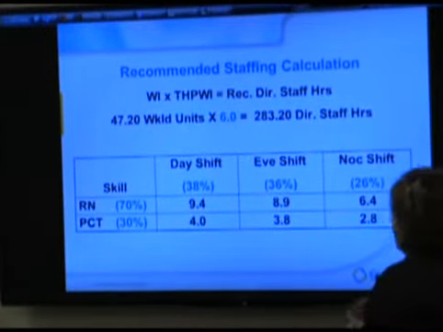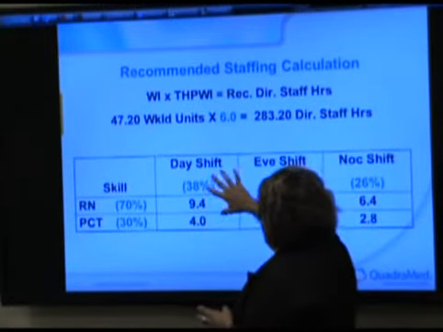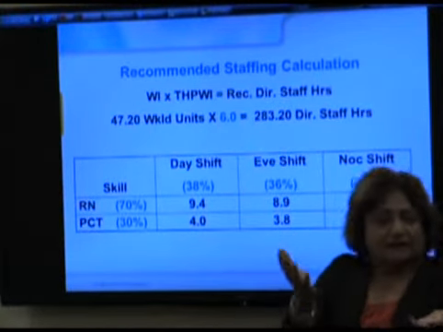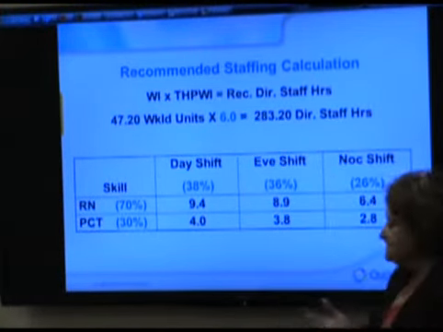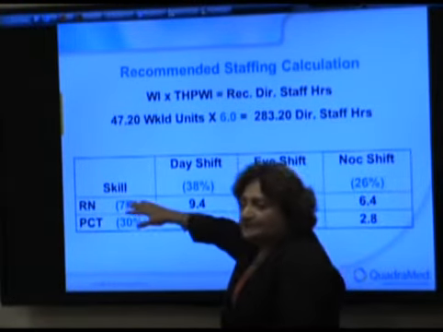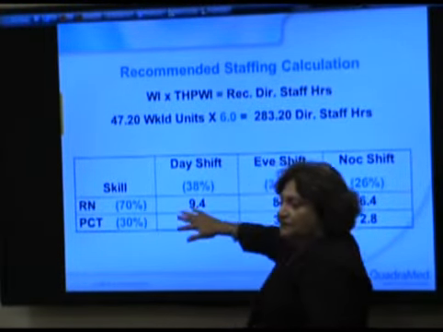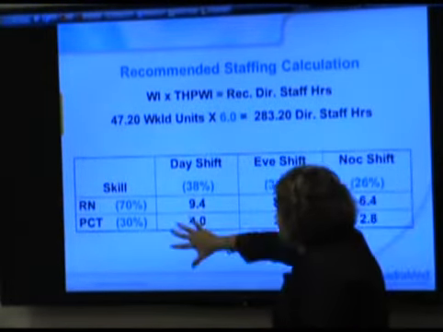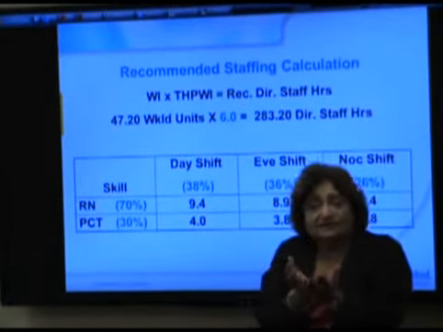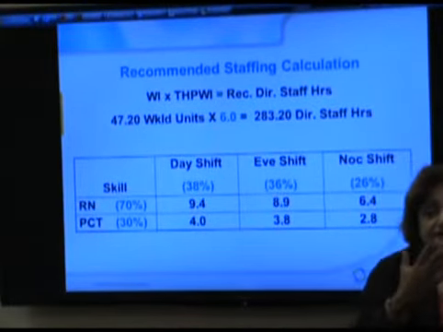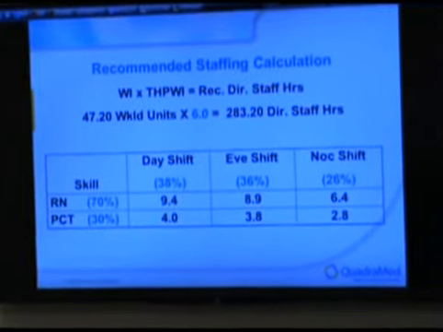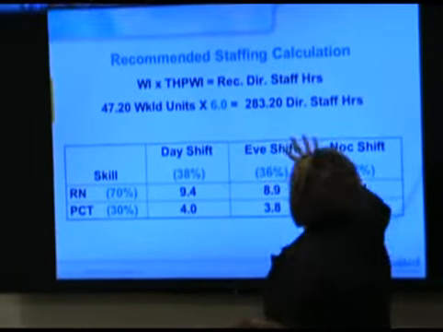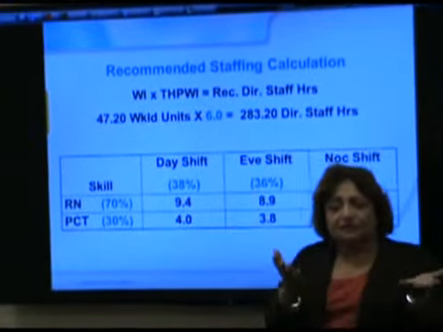And then on a day shift, if I've got a bucket of hours for days, how do I divide these hours between RN and non-RN? That's the skill distribution, and in the software we do that by patient type as well. So on a report, based on these productivity goals of target, shift, and skill distribution, you will see the software recommend staff by shift and by skill based on your workload.